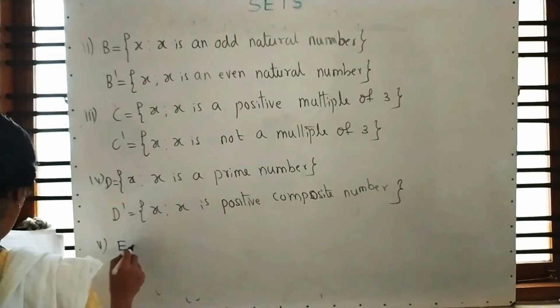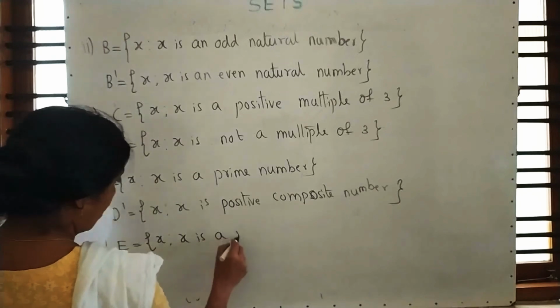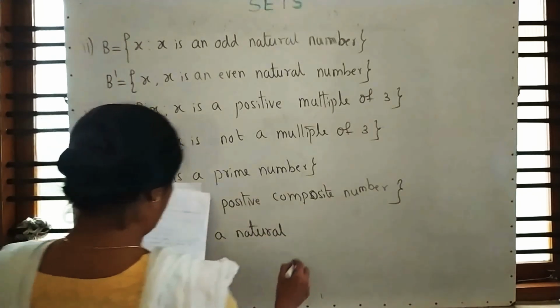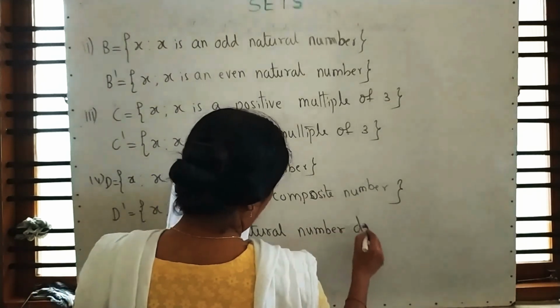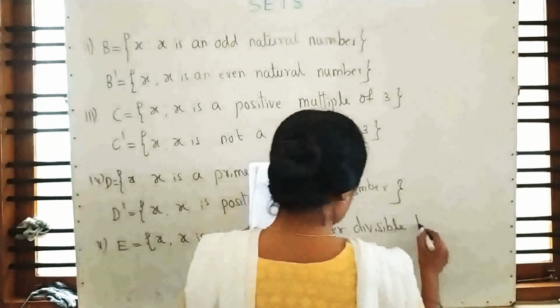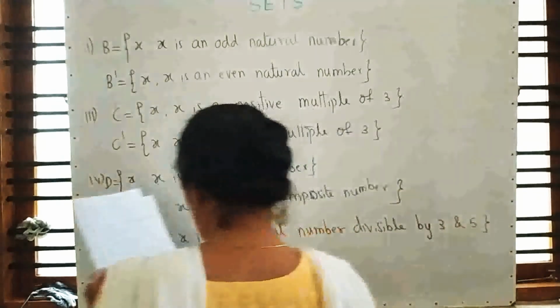Then E. x is a natural number divisible by 3 and 5.